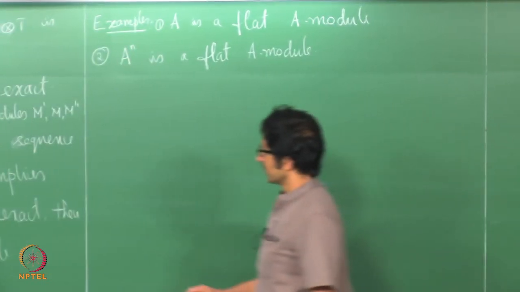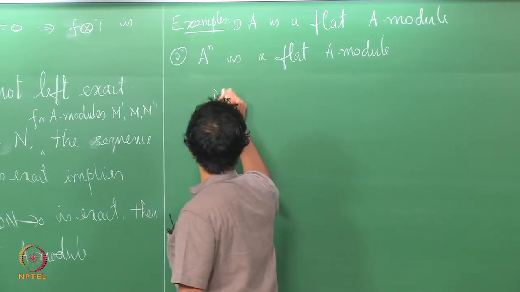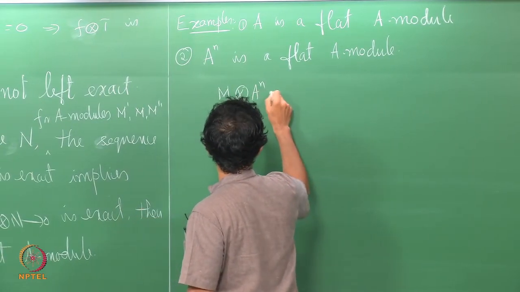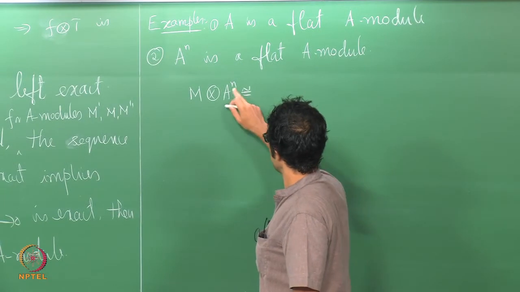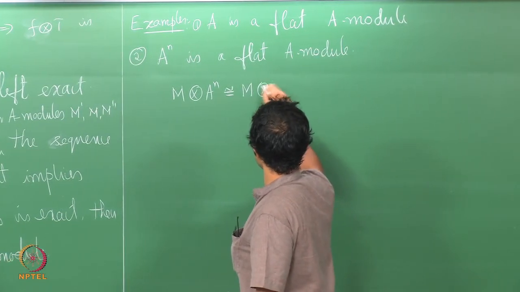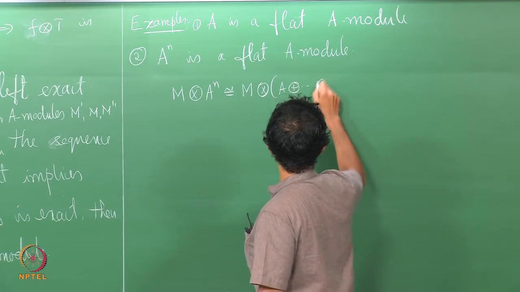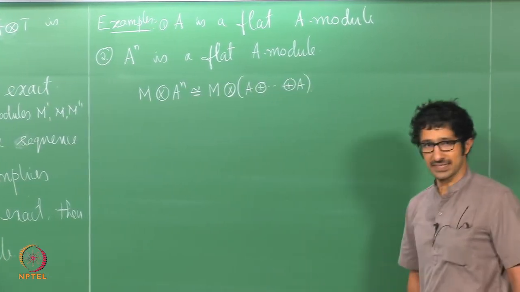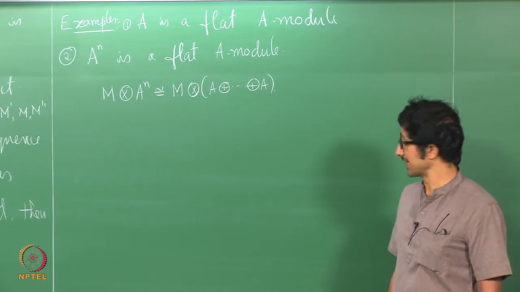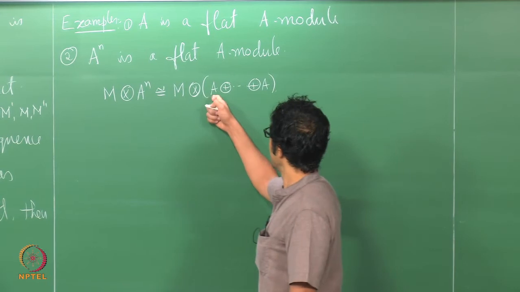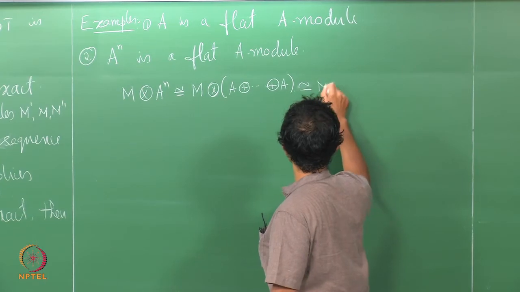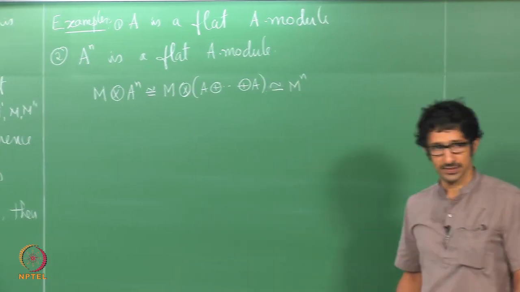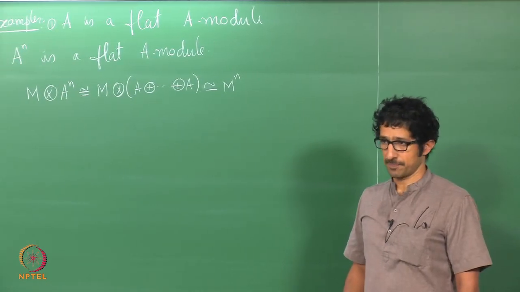Right, because M tensor A power n, what is this isomorphic to? We have M tensor A direct sum n times. We have seen that tensor product distributes over the summation, therefore, this is M tensor A direct sum M tensor A and so on. So, this is isomorphic to n copies of M. So, here what would be the map?